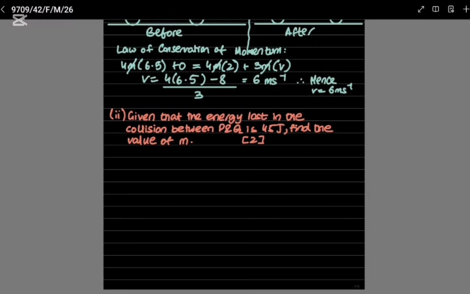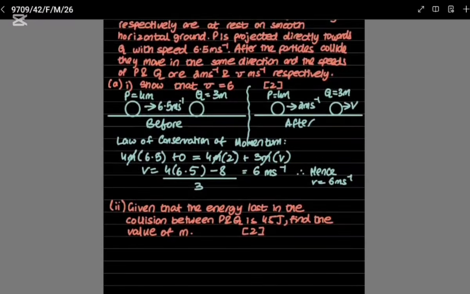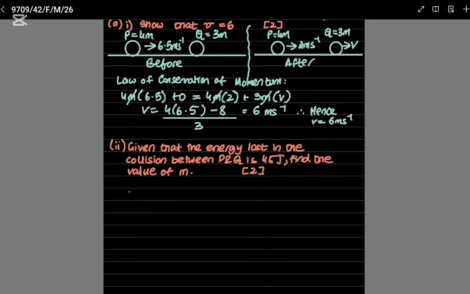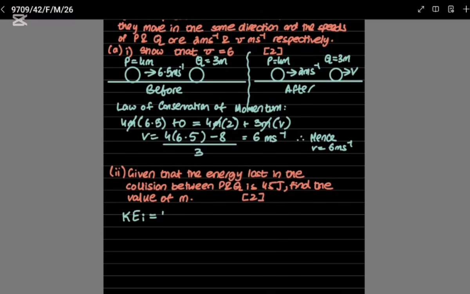Part 2. Given that the energy lost in the collision between P and Q is 45 joules, find the value of m. So the energy loss. Kinetic energy initial, first of all. That's going to be half into the mass, which is 4m, into 6.5 squared. We are looking at initial, so the before. Q doesn't have any kinetic energy, it's at rest.